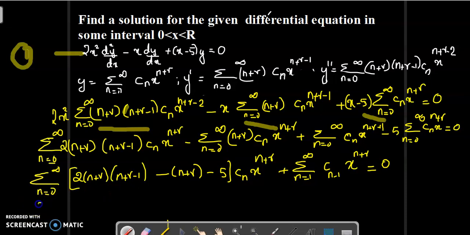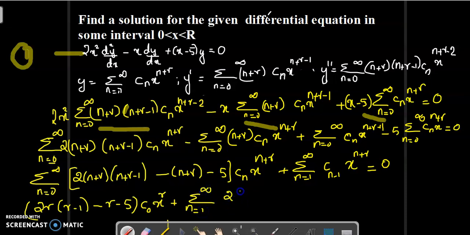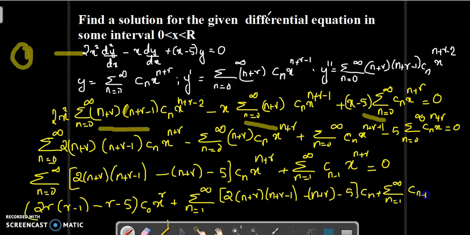When n equal to 0, I am having 2r into r minus 1 minus r minus 5 into c naught x raised to r, plus all other terms go into the summation sigma n equal to 1 to infinity, 2 into n plus r into n plus r minus 1 minus n plus r minus 5 whole into Cn, plus sigma n equal to 1 to infinity Cn minus 1 x raised to n plus r is equal to 0.